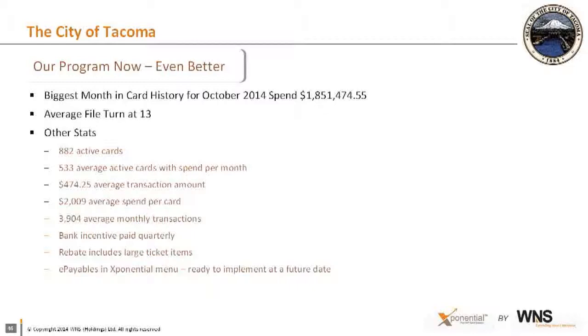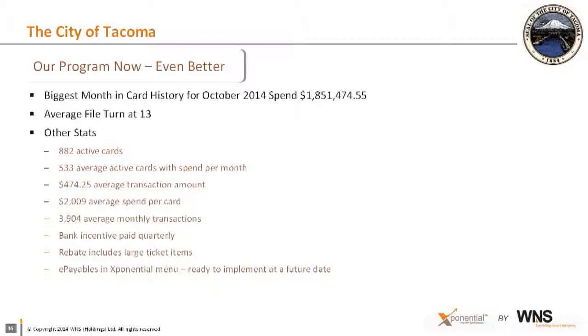When you compare our stats with the RPMG card survey reports that they do for the NAPCP every year, we were right up there with the best practices and best performing units. And with this massive upgrade that we just completed, in fact we went live November 24th, we combined again the SAP Enhancement Patch 7 upgrade with the newest Xponential.